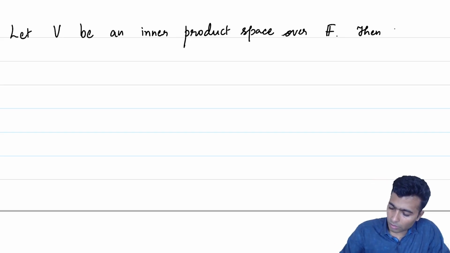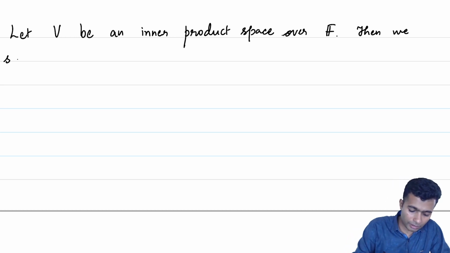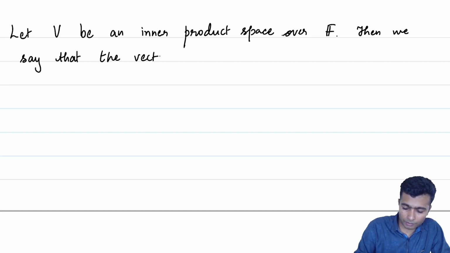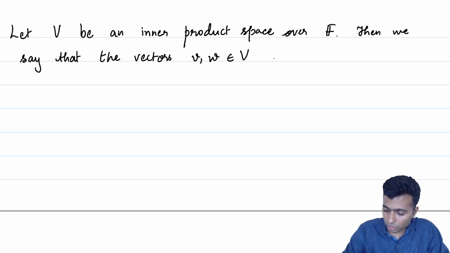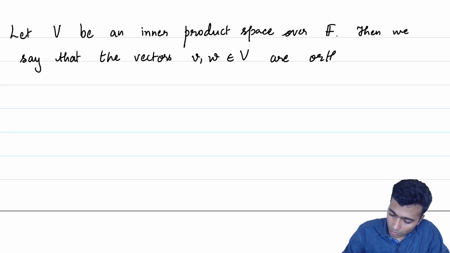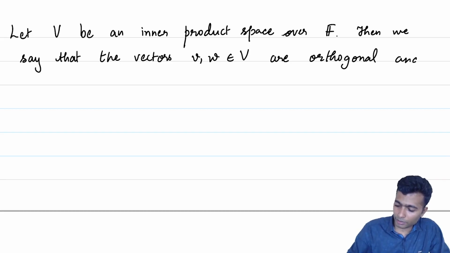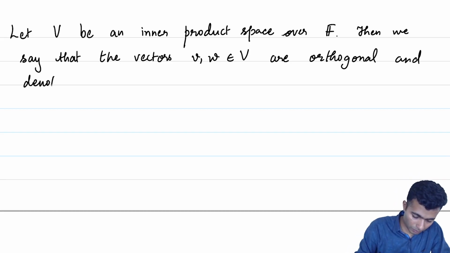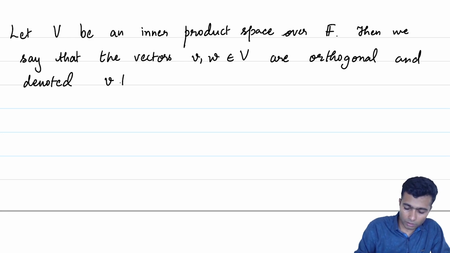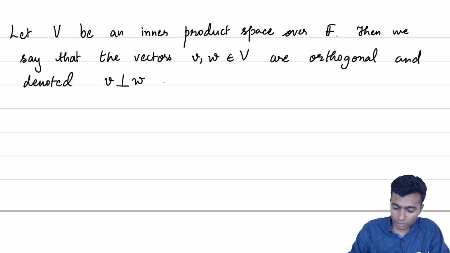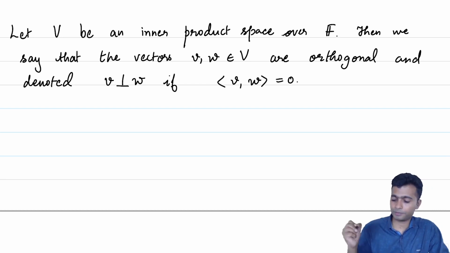Then we say that the vectors V, W in capital V are orthogonal to each other, and denoted V orthogonal W, if the inner product of V and W is 0.